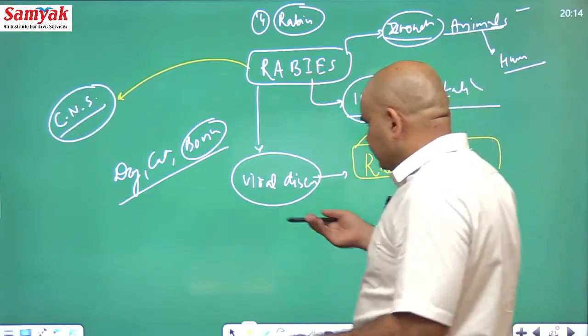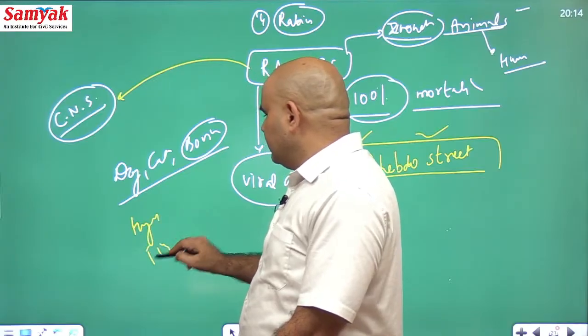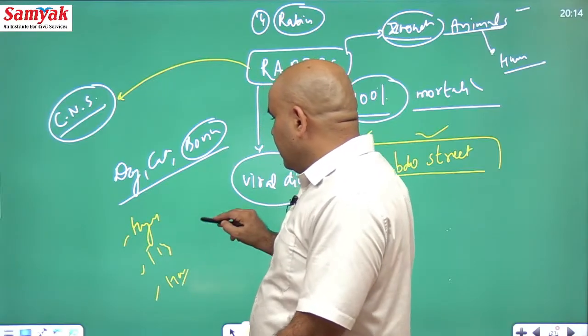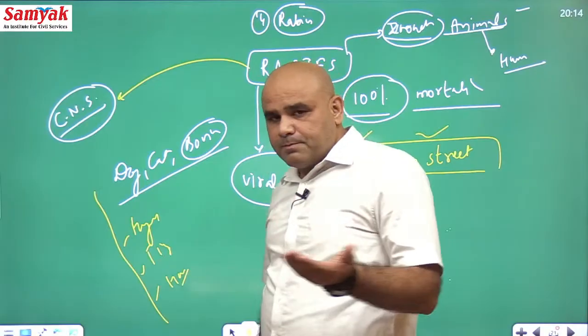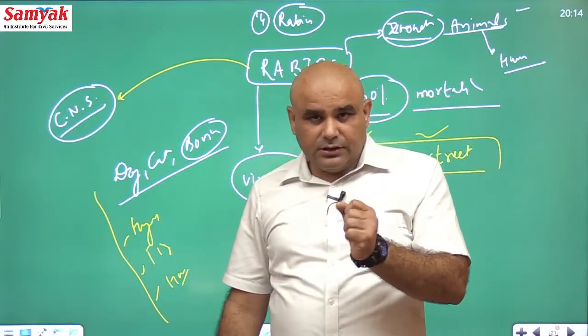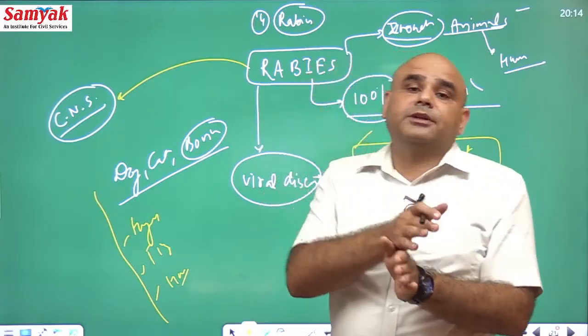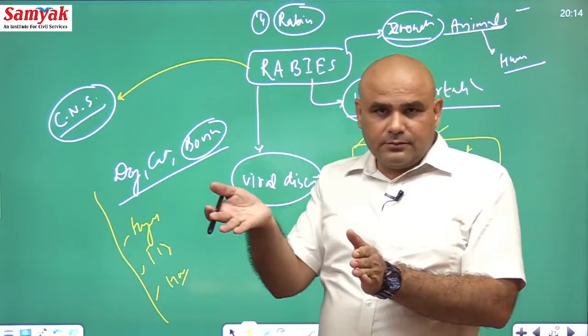Then you can say hyenas, tigers, horses, and even rats and rabbits can also get this infection. They can get this infection, but most of the time, the cause of rabies is the dog in India.